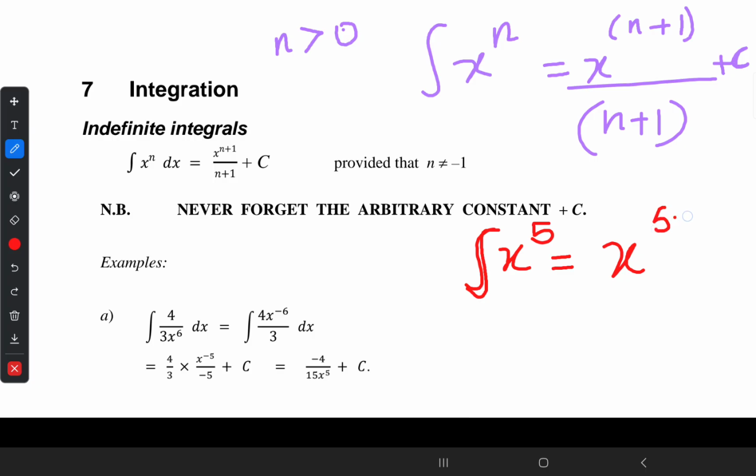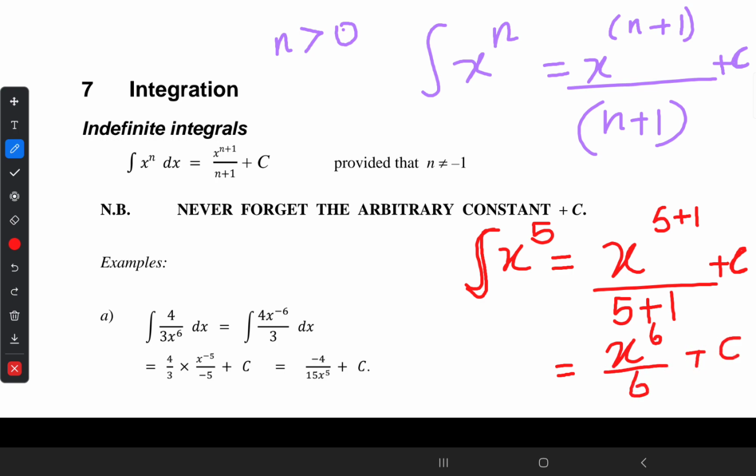With that 5 you should add number 1, upon, in the denominator, n plus 1. With that you should add an arbitrary constant. Then x to the power of 6 upon 6, plus c. That's all for our integration here.